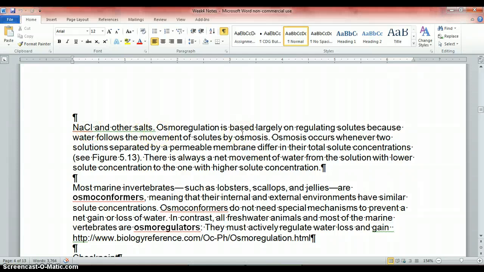Osmoregulation is based largely on regulating solutes because water follows the movement of solutes by osmosis. Remember those hypertonic and hypotonic cells? We have to keep them stable, right? Osmosis occurs whenever two solutions separated by a permeable membrane differ in their total solute concentrations. There is always a net movement of water from the solution with the lower concentration to the one with the higher solute concentration.